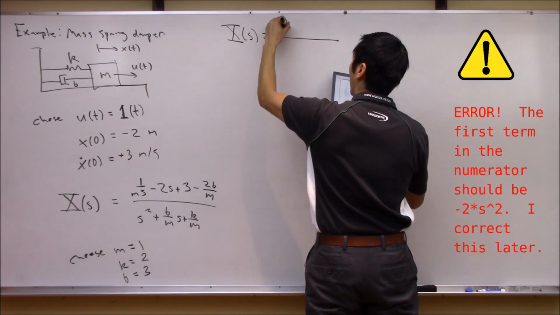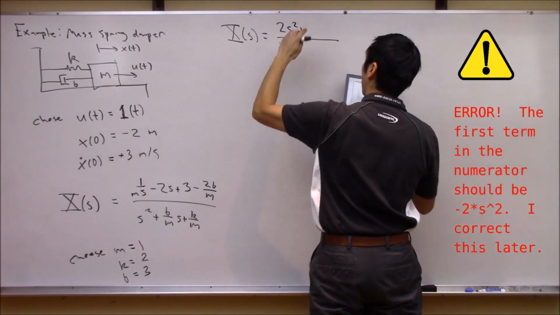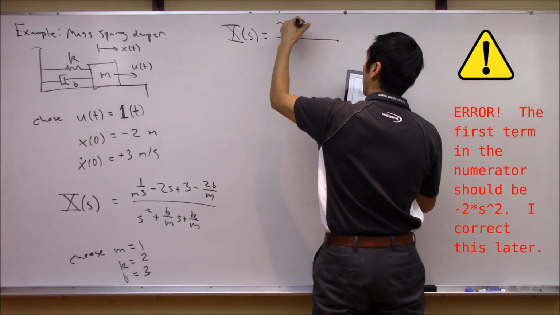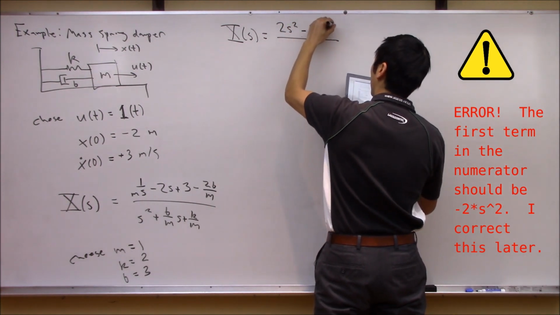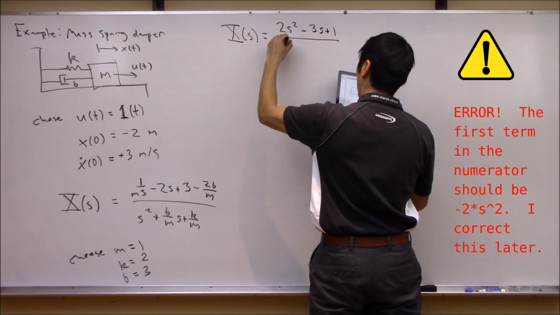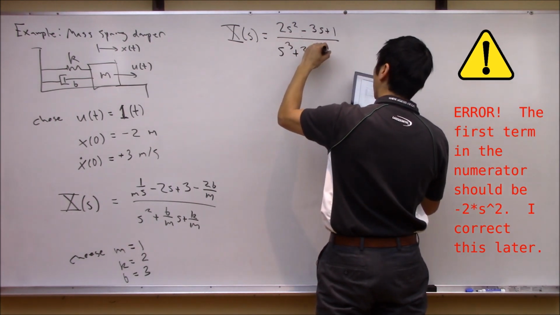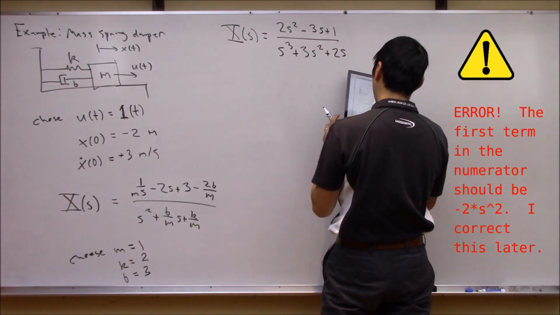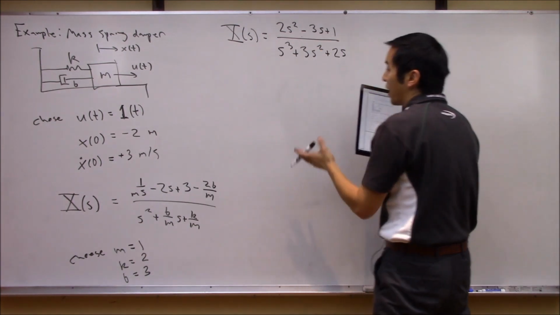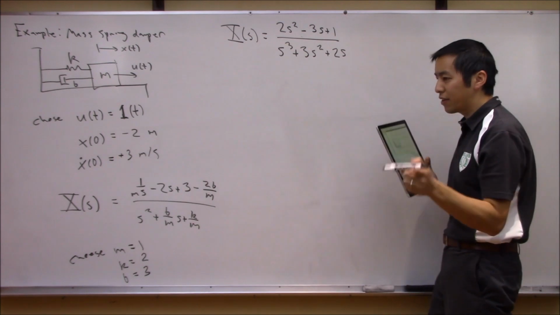This is minus 2s squared, nope, sorry, this is a minus 3s plus 1, all over s cubed plus 3s squared plus 2s. There we go. That's where we stopped.